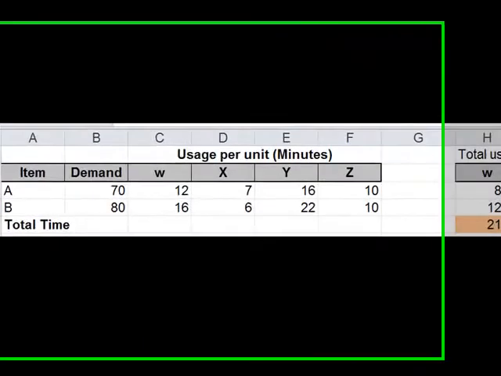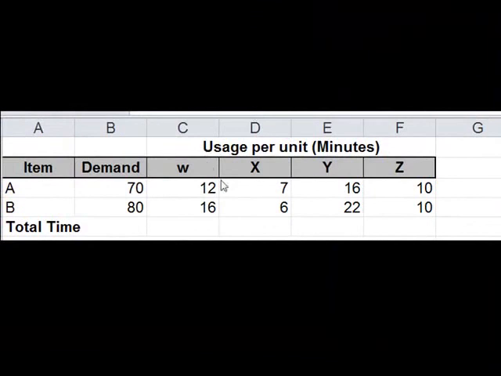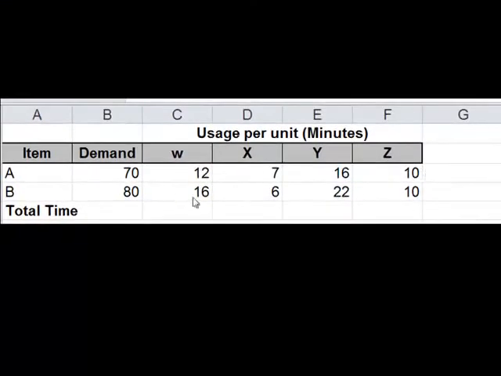Okay, so the same information has now been put in this table in an Excel spreadsheet. Notice these items, A and B, their demand, and all the times, which I have just put here. Now obviously the best thing is if you can make all 70 A's and 80 B's.